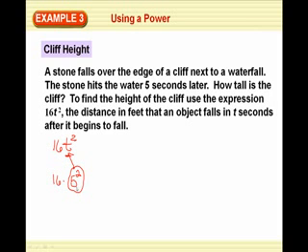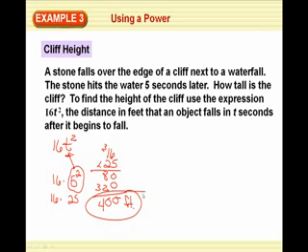So you do 5 squared, which is 25, and you take 16 times 25. That would be 400. So how tall is the cliff? We're dealing in feet. So the cliff would be 400 feet tall. Let's see what happens there for us.